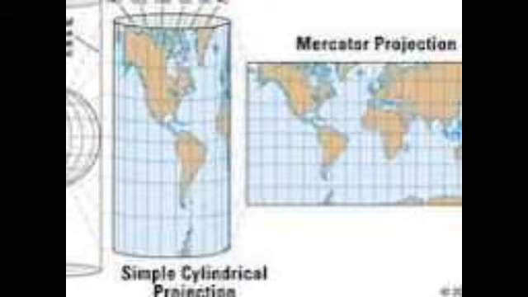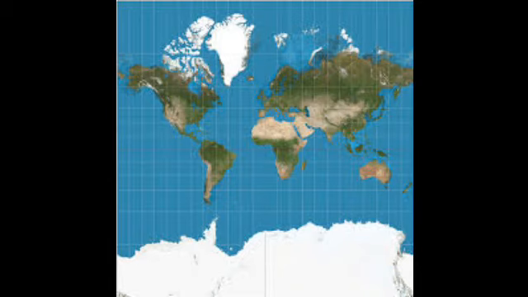We all know that the world is like a ball, and when we draw it on a paper, only the flat surface will be shown. Such representation causes distortions in the shape of continents and distances.